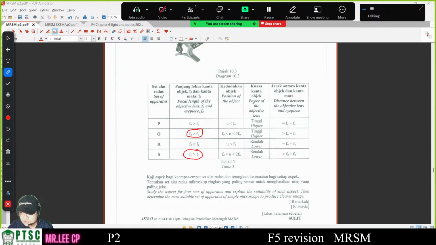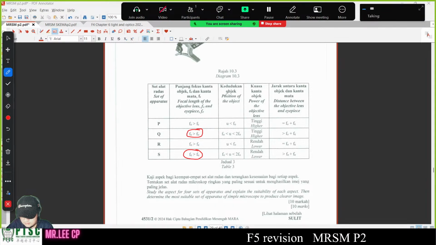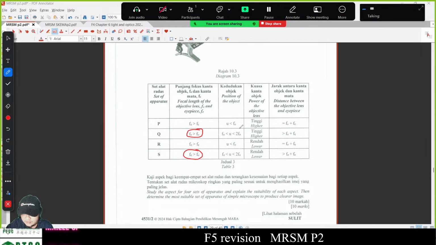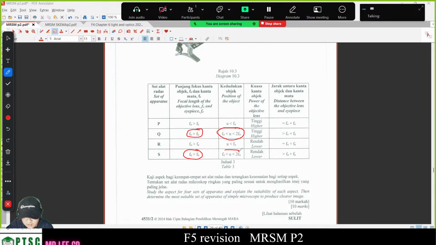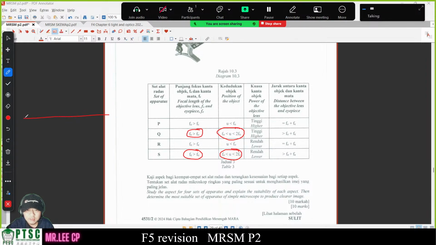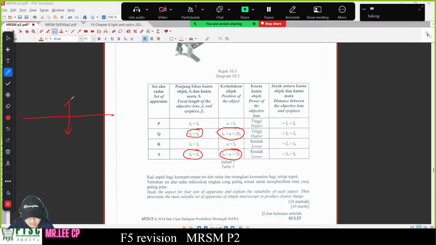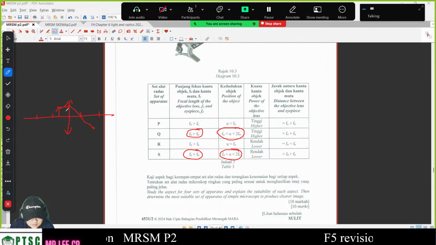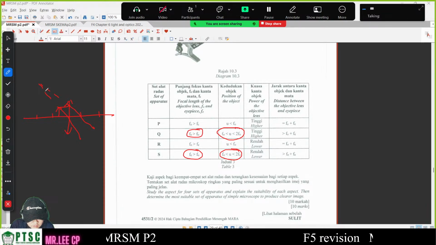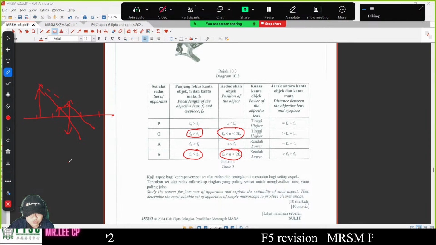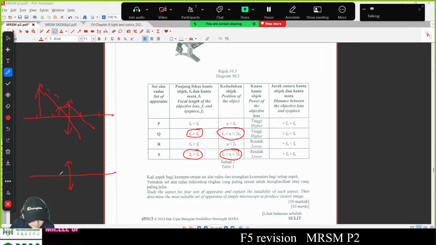Now the position of the object. The position of the object has to be in between F and 2F. It cannot be less than F, right? Why? If it is less than F, so this is your lens, if you are using the lens here, the image formed is virtual, so it cannot produce a real and magnified image.